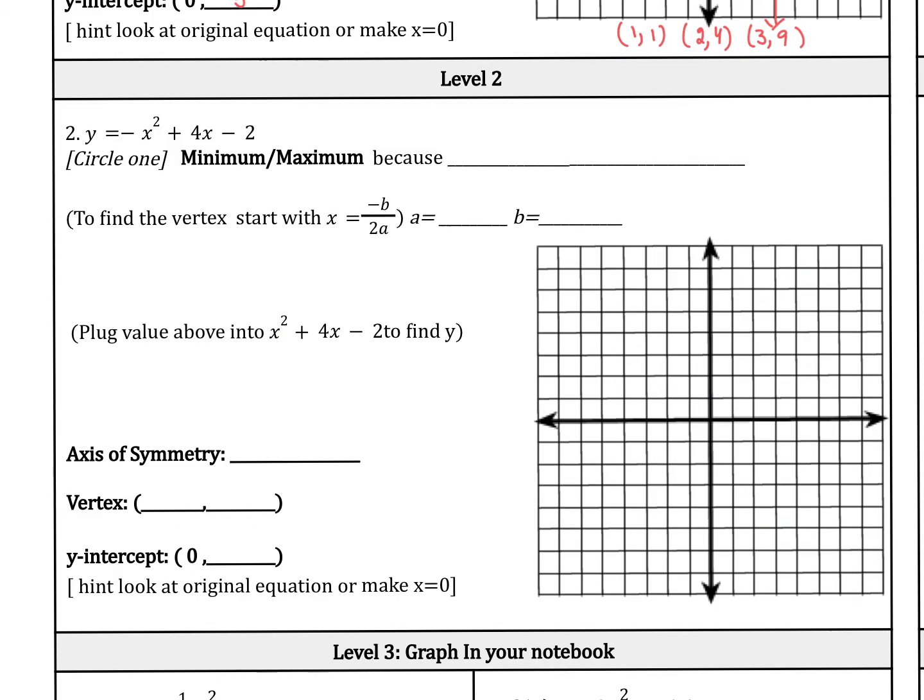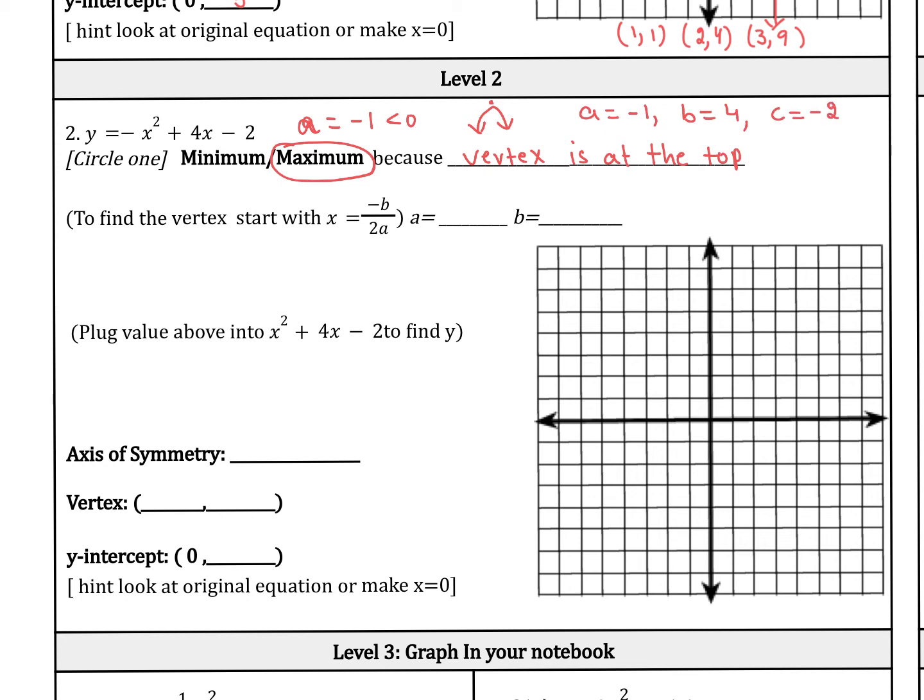For number 2, you're going to have a equals negative 1, that is less than 0. This is going to be a parabola that opens down. It means this is going to give you a maximum because the vertex is at the top. So a equals negative 1, b equals 4, and c equals negative 2.